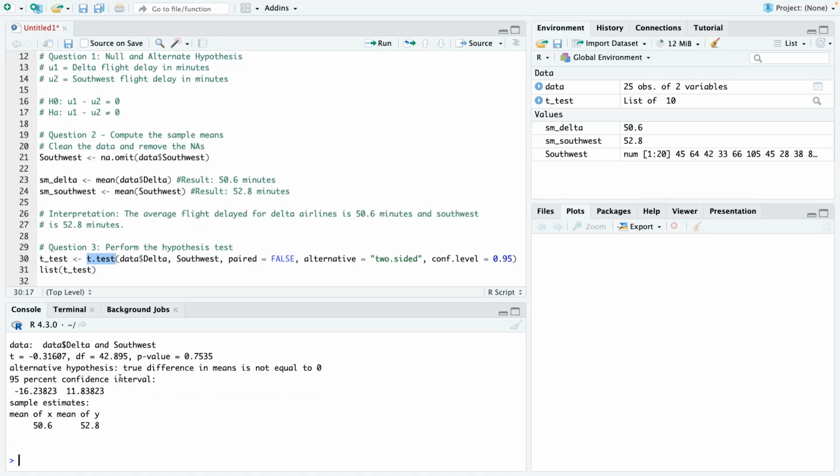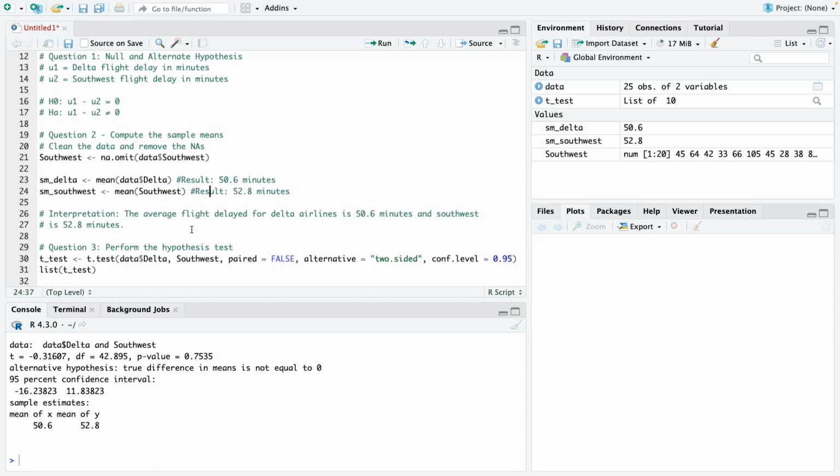The 95% confidence interval goes from a lower bound of -16 to an upper bound of 11.8. And you can see our means as well, 50.6 and 52.8, which is exactly the same thing, which shows us that lines 23 and 24 are correct.